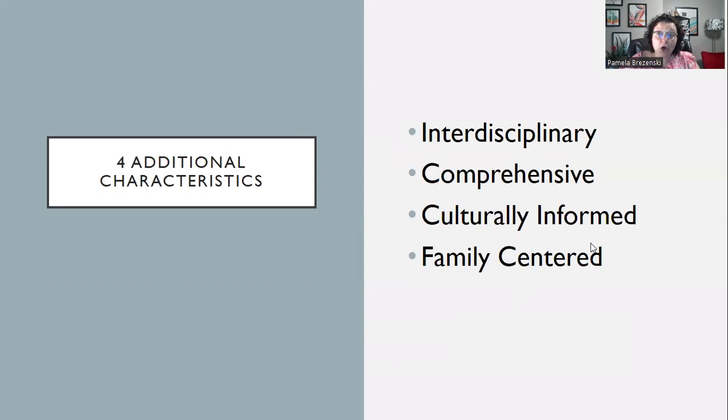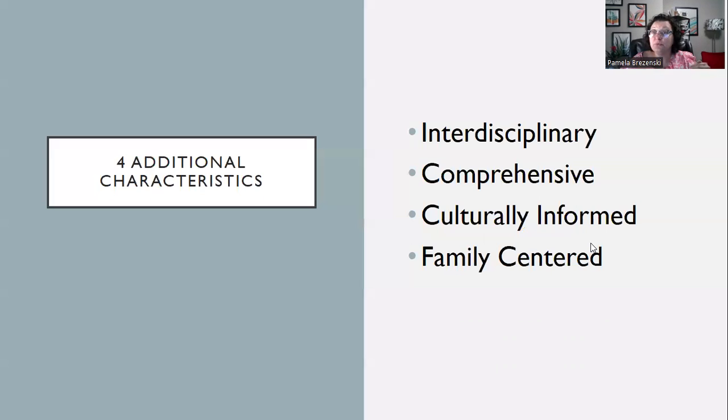Maybe we need to look at home and ecological assessment. We have to think about all of the disciplines and how they can impact the student. Then we want this to be comprehensive. We need our assessment to be comprehensive, to give us specific information we may need for social communication with peers. We may need home information.